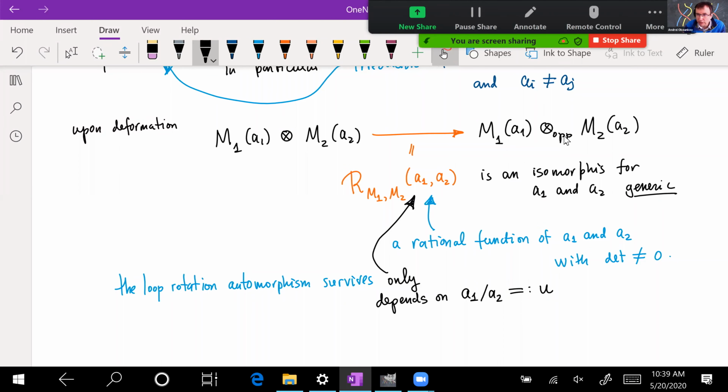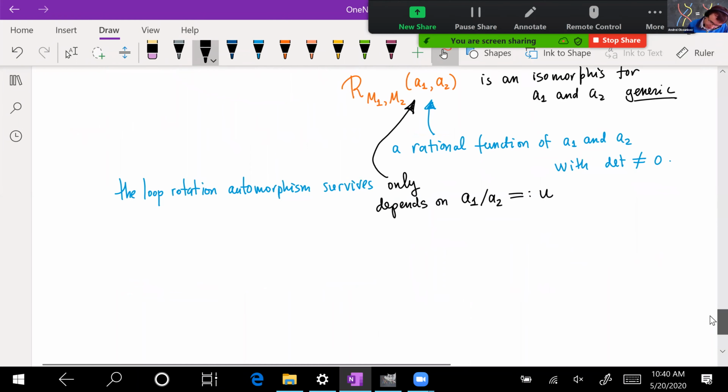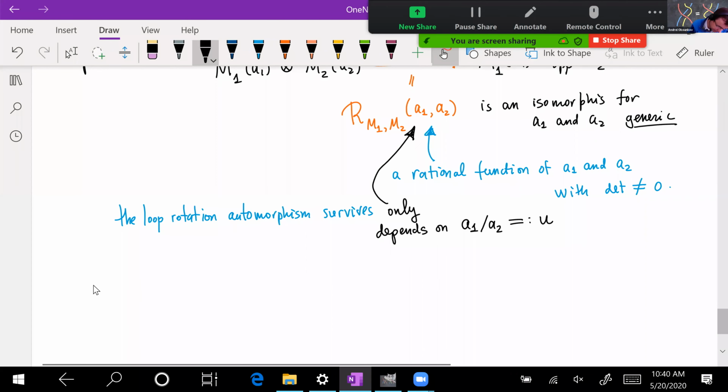I will first construct that structure, and then the rest of the quantum group comes from that R matrix. So our strategy would be to first construct this.